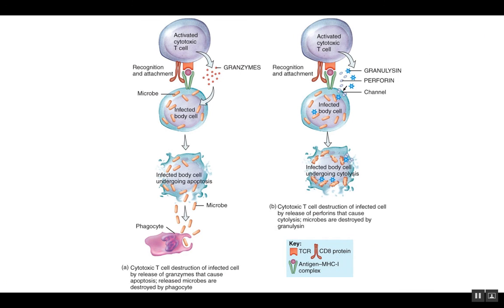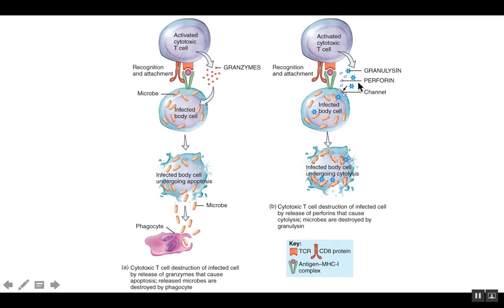This is just a couple ways that cytotoxic T cells destroy infected cells. So there's the infected cell. You see that there's a microbe in there. This cytotoxic T cell, when it recognizes all this, produces some enzymes called granzymes that might destroy the cell, or it makes some other molecules called granulysins and perforins.